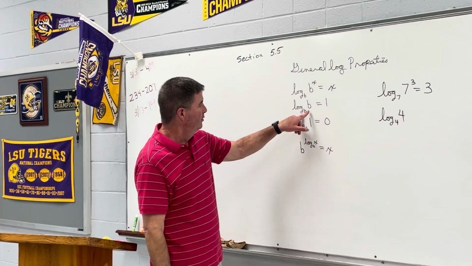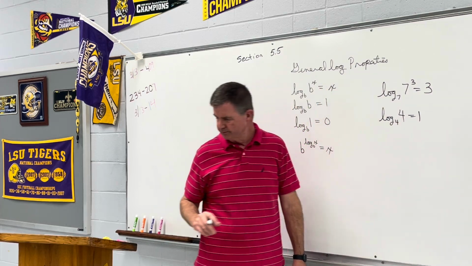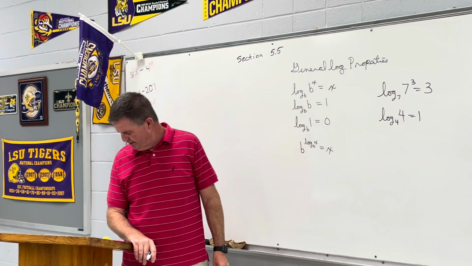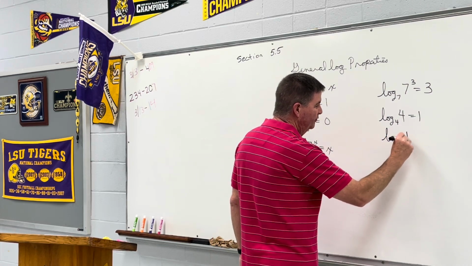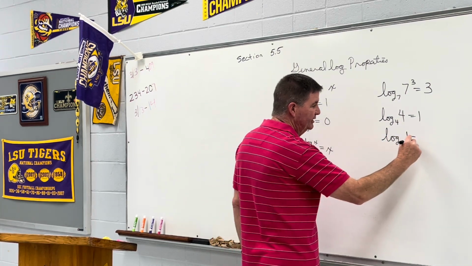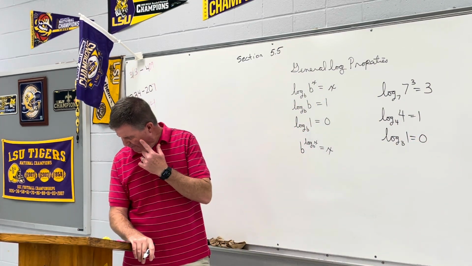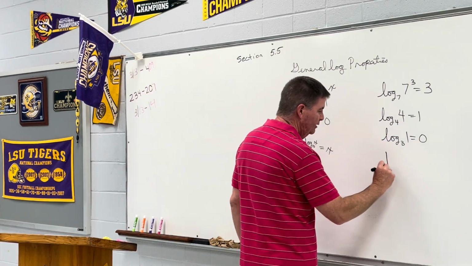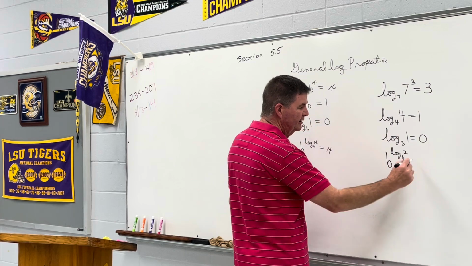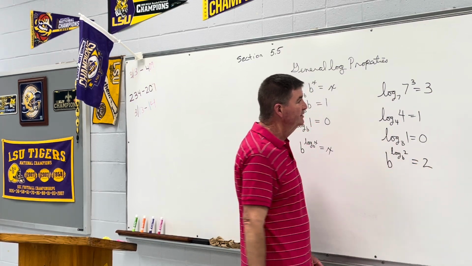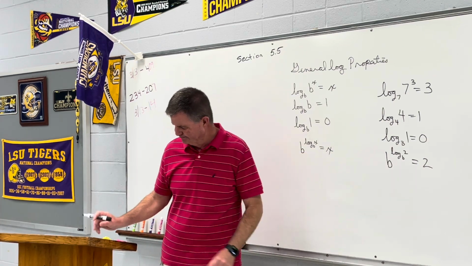Log base 4 of 4 looks like this one, so the answer is 1. Using the same general properties, if I have log base 3 of 1, the answer is 0. And then finally, if I have b to the log base b of 2, the answer would be 2. So this is an example of using the general log properties.